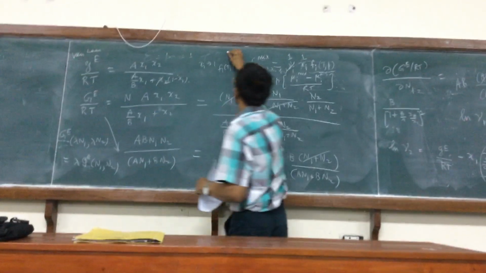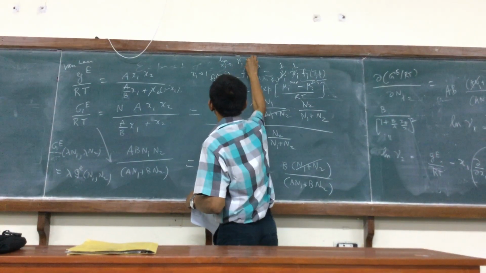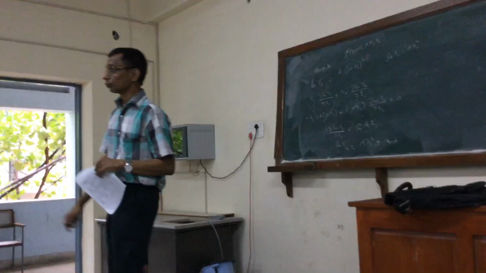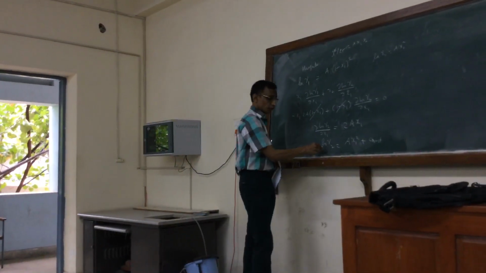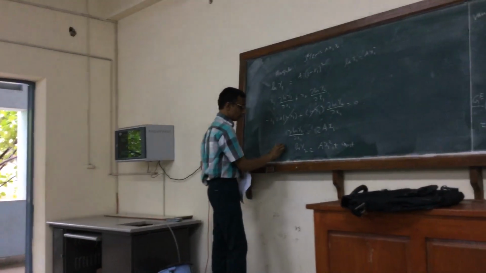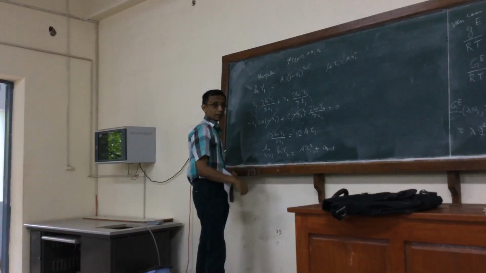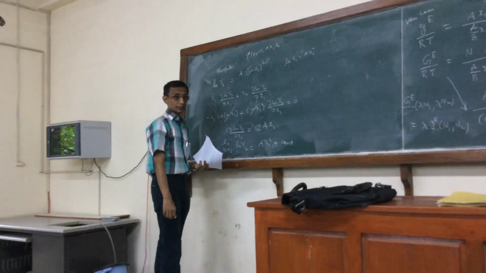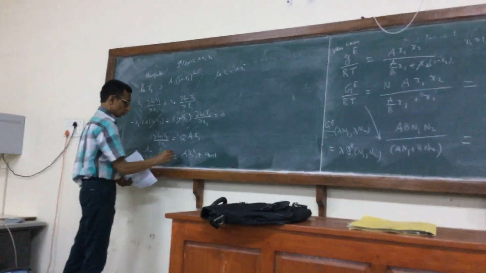In the limit, as xi goes to 1, gamma I of that component will go to 1. So if I am having log gamma 2, then in the limit as x2 goes to 1, log gamma 2 actually will have to be 0. As x2 goes to 1, x1 goes to 0.